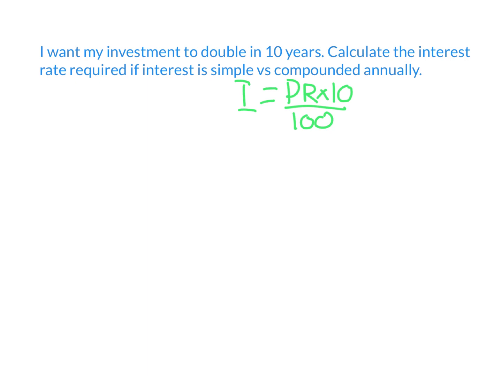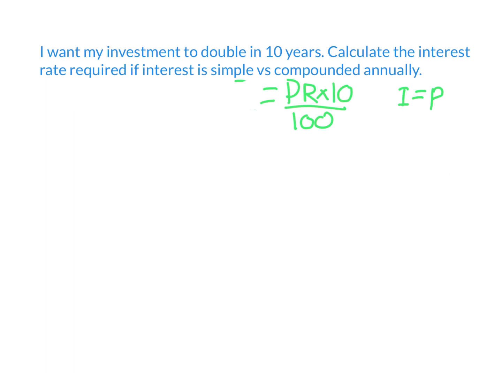You might think this is impossible because I don't know I or P, but it turns out it doesn't actually matter how much you originally invest. If you want your investment to double in 10 years, the rate will always be the same, regardless of how much you originally invest. Because if I want my investment to double, that means I want I to equal P. If I invested 10,000, I need to earn 10,000 in interest, so my investment has doubled.